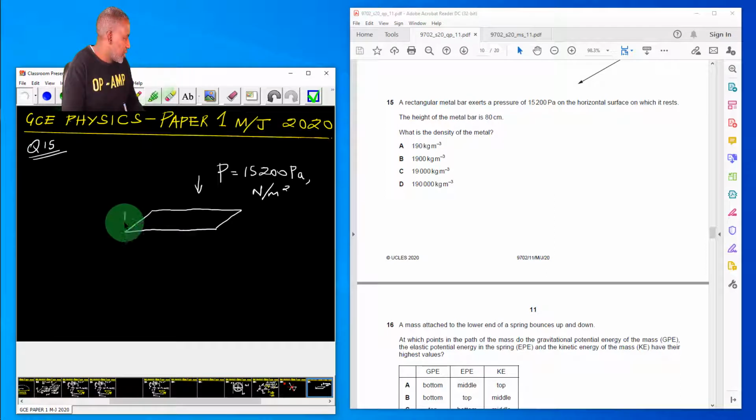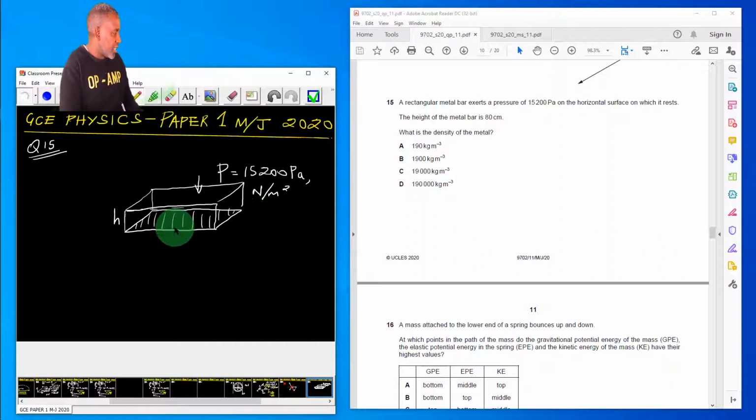I can imagine it has a shape like this one here. Of course there is this area where the bar makes contact with the horizontal surface. This 80 centimeters, which is 0.8 meters, and then we are asked for the density of the metal bar. For us to calculate density, we need to know its mass and we need to know its volume.